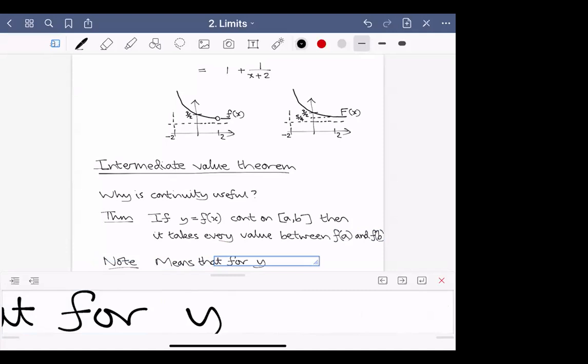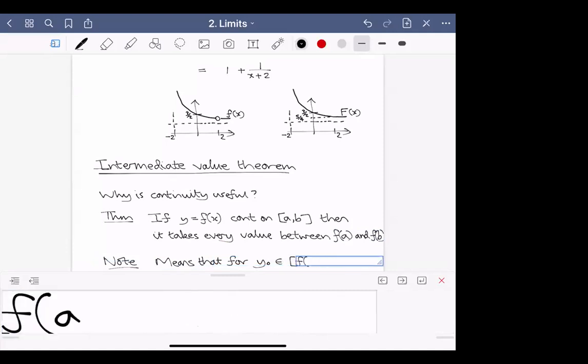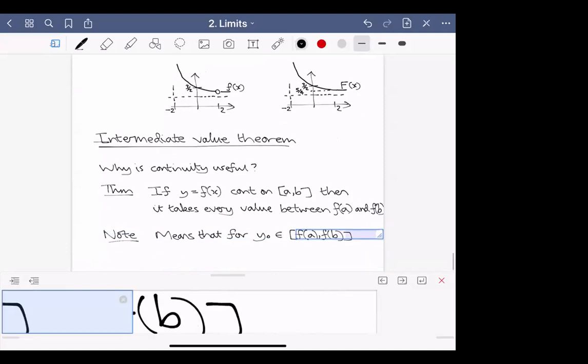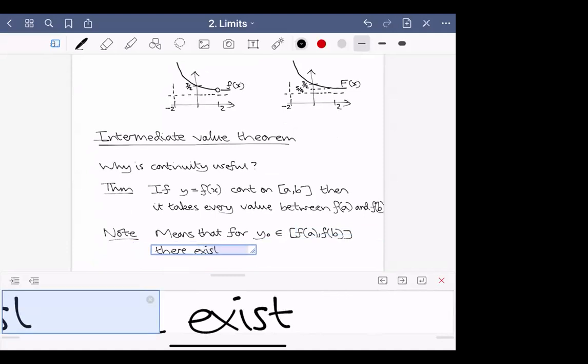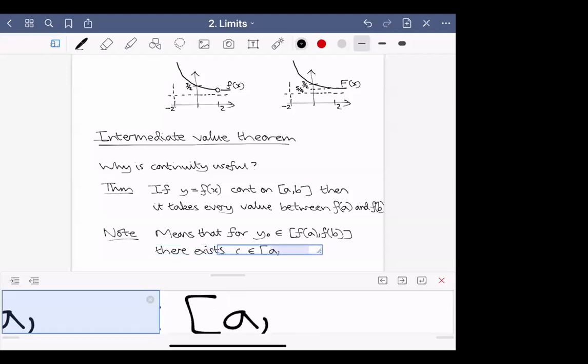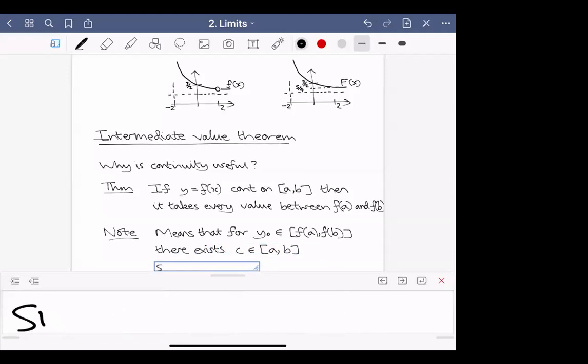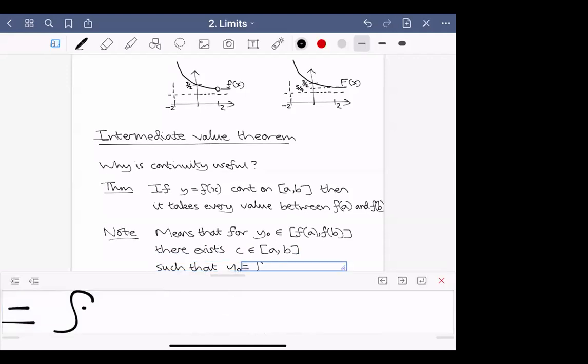If I choose y0 in the closed interval between f(a) and f(b), then there exists some c in the domain [a, b] such that the value at c is y0.